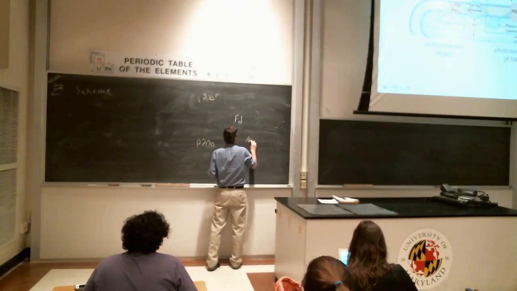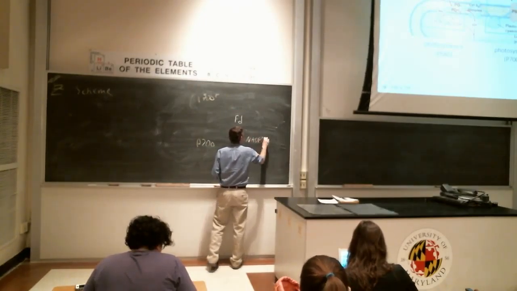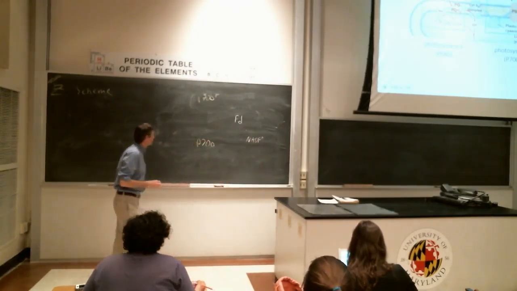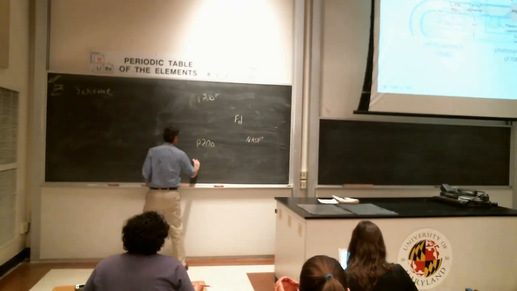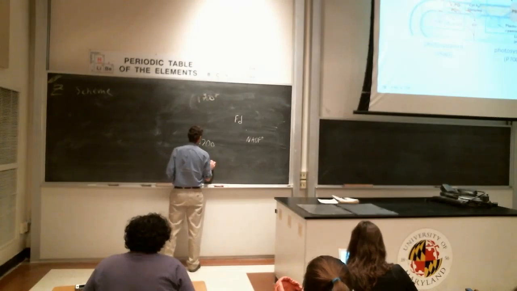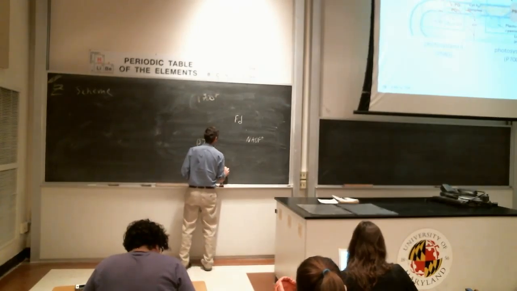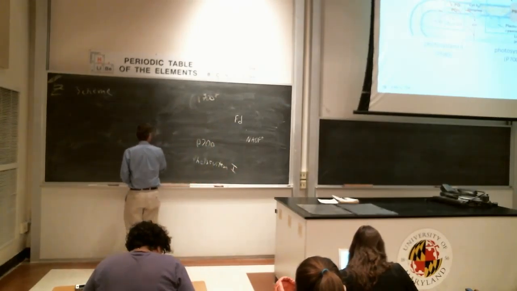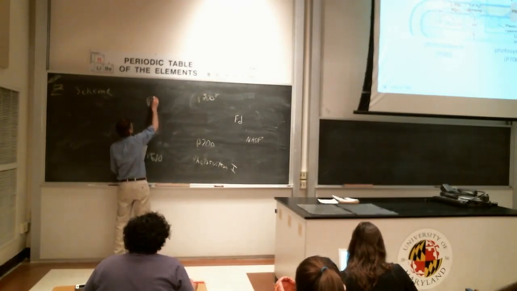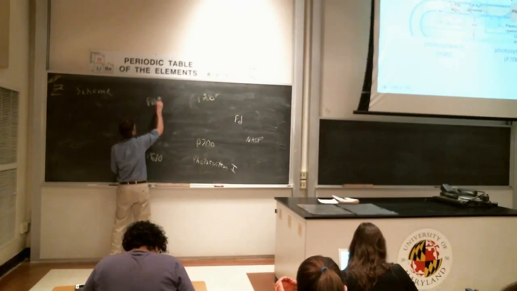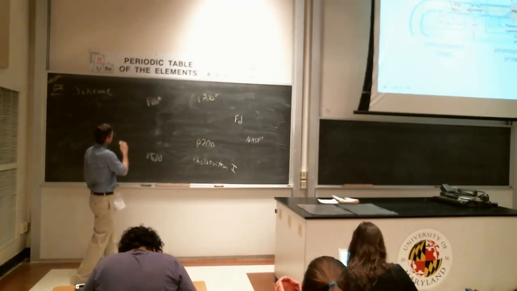And then NADP is here. Roughly, this is not a very accurate diagram. And then P680, so this is photosystem 1. P680 is over here, and P680 star, and there's some other things in between.